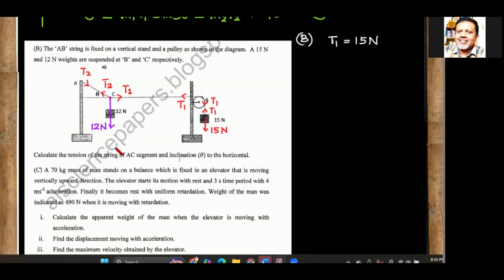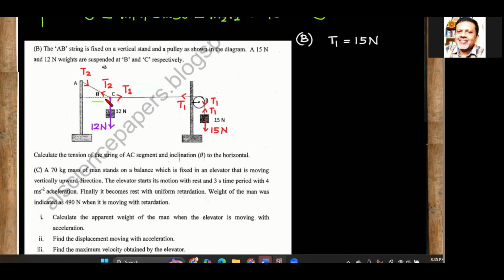Okay, right. Now, see, considering the equilibrium at point C, we can balance the vertical and horizontal forces because T2 will make a horizontal component to the left hand side, which can be considered as T2 cos theta. Right, so I will mark that force to this direction, maybe with some other color.